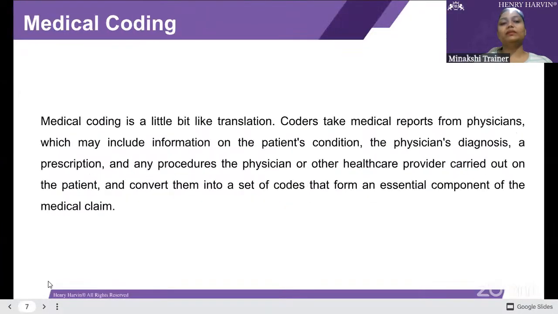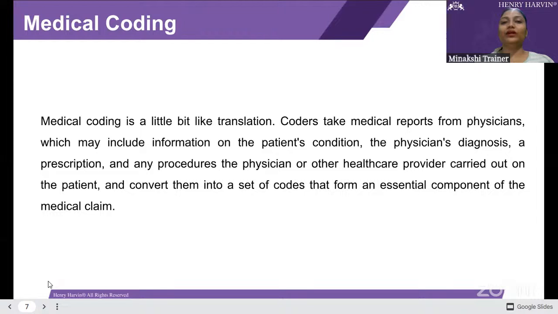First of all, what is medical coding? The basic steps I have explained: first is recording, then conversion of the data into codes, then finally submission to the insurance company through the billing system. Before moving into each step, we want to know what is medical coding.